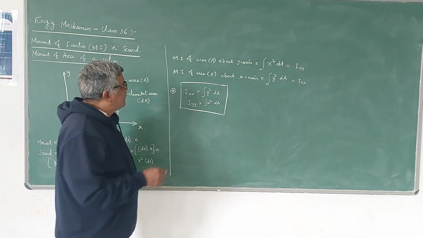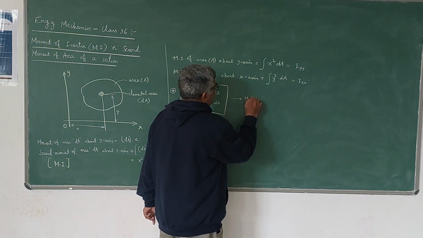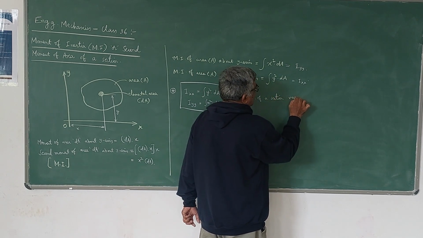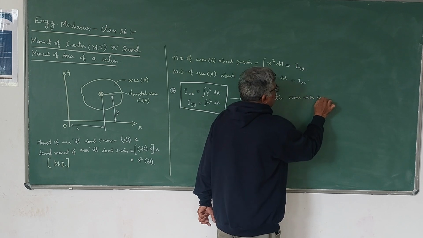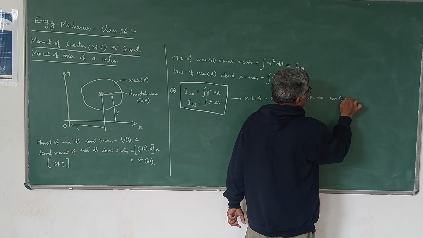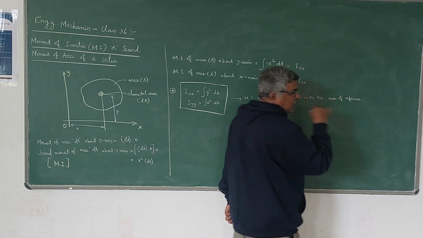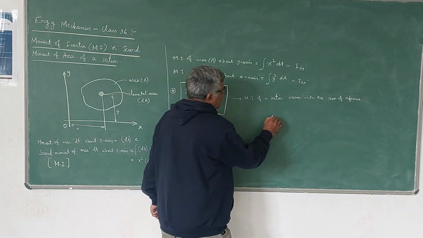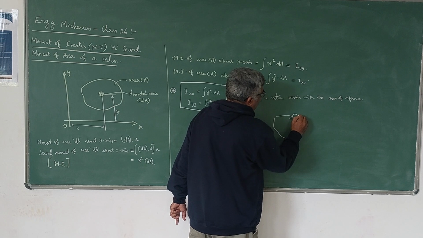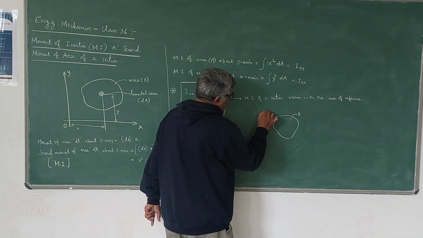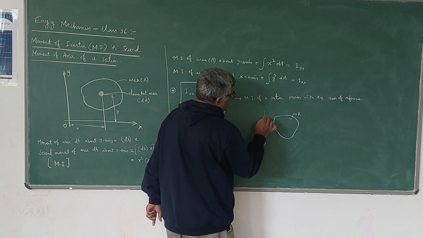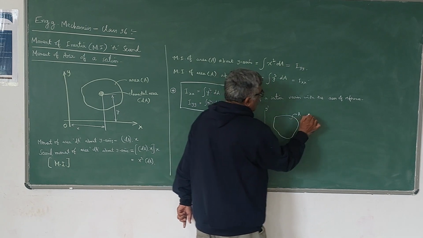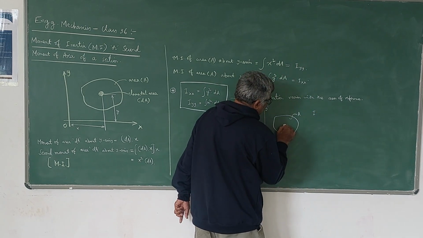Another thing is that the moment of inertia of a section varies with the axis of reference, that means about which axis or about which point we are going to consider it. For example, if I have an area like this, of course the area is A, and I take the moment of inertia of this area about the y dash axis, then, for example, this is dA.